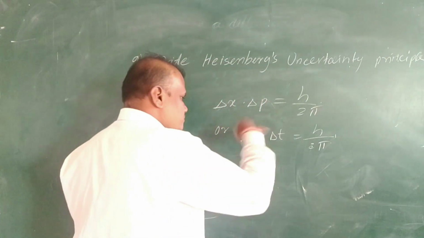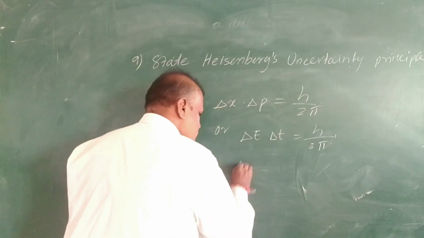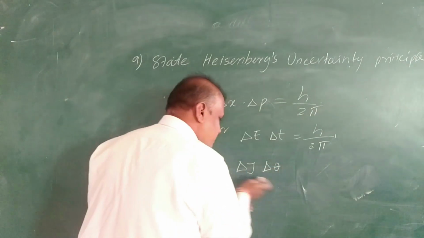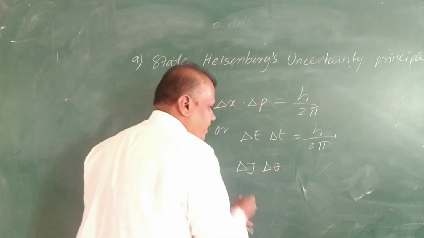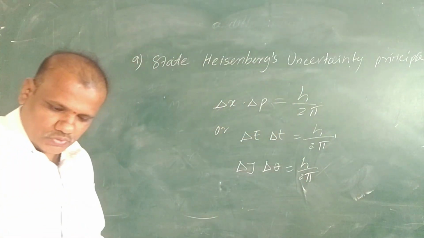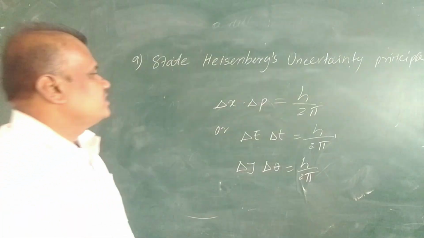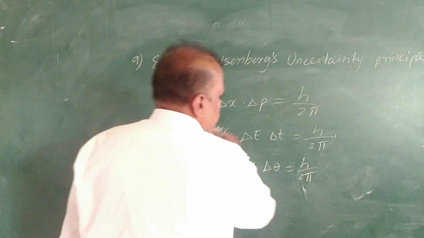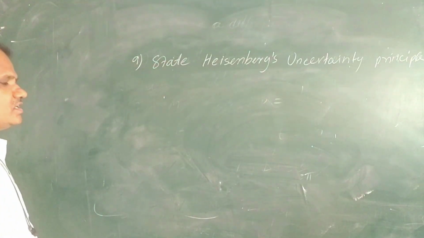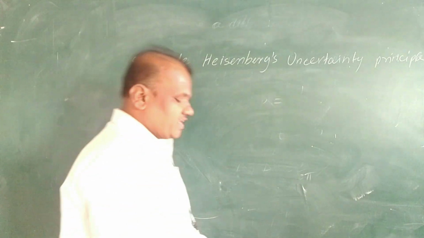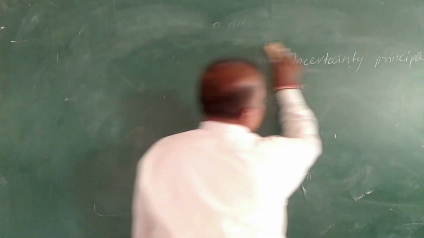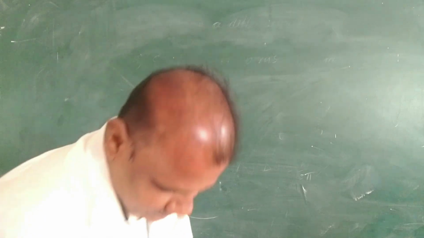In terms of angular momentum, delta J into delta theta, simultaneous measurement of angular momentum and angular position, is h by 2 pi. This is the mathematical definition of the Heisenberg principle. According to it, simultaneous measurement of both position and momentum of an electron is not possible. That is the definition.